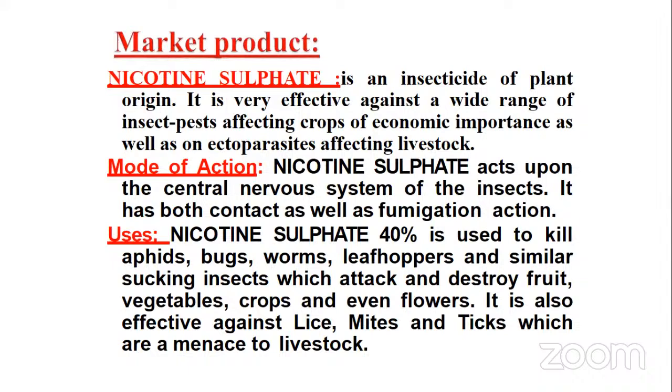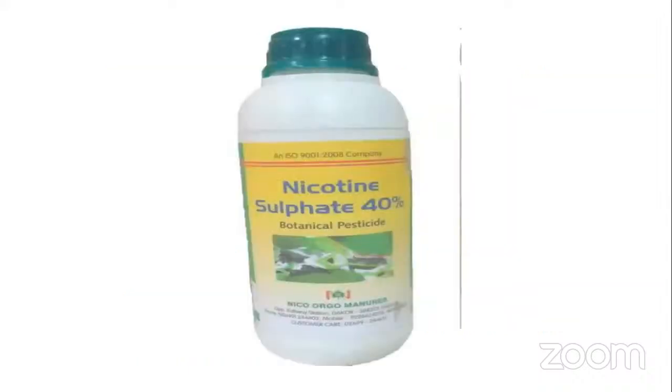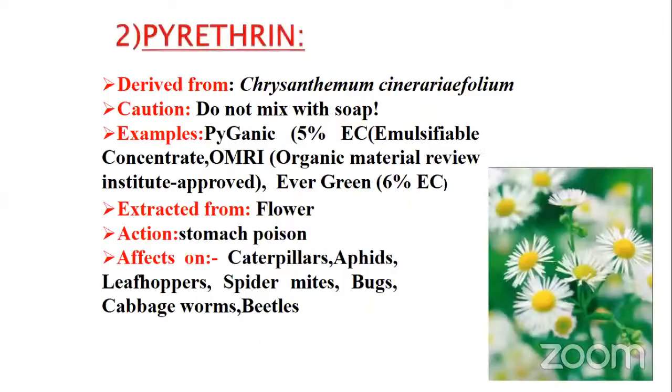This is the use of nicotine sulfate in protecting the leaves or the crops. This is what you can get from the market: 40% nicotine sulfate, a botanical pesticide extracted from tobacco plant.